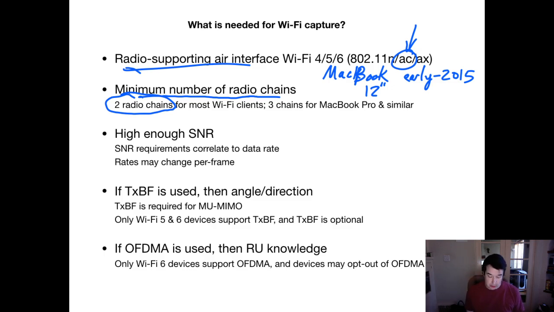I can capture 802.11n with 1 or 2 radio chains. I can capture any of the older 802.11 standards, 802.11a, b, or g. I can capture 802.11ac with 1 or 2 radio chains. But anything beyond that, I can't capture.